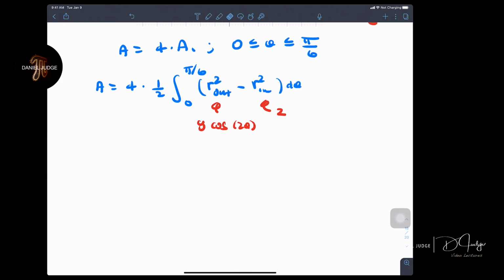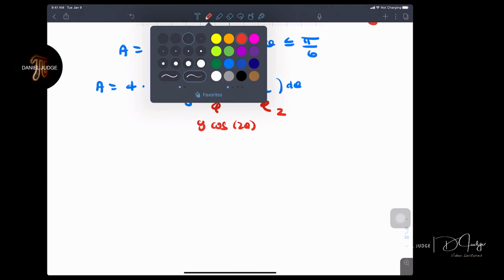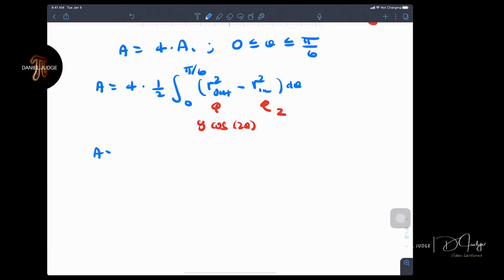So all together, let's see what this area becomes. 2, 0, pi over 6, this is 8 cosine 2 theta minus 2 squared, which will be 4.